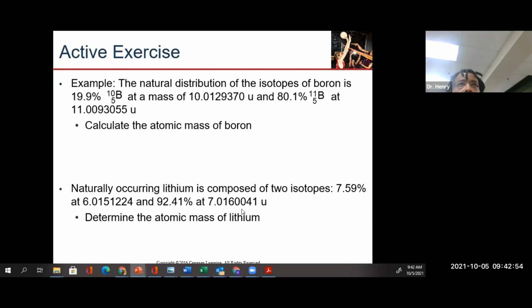Calculate the atomic mass of boron. So if we do this, we're going to change that percentage into decimal form, and then we're going to multiply it by the mass that's given.